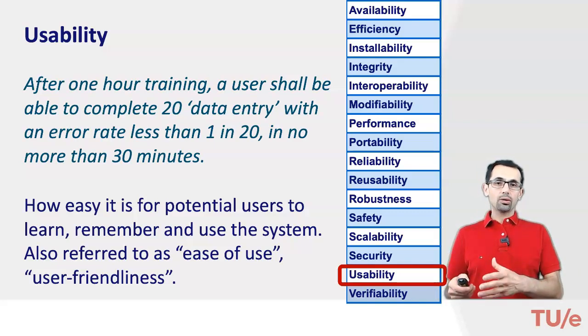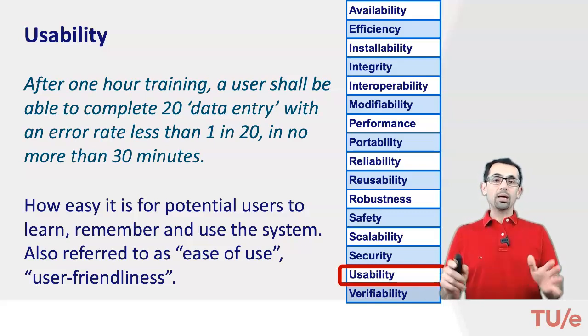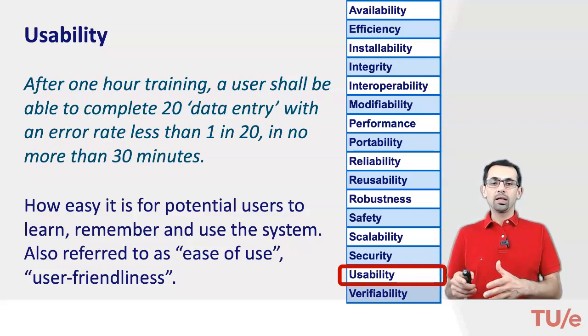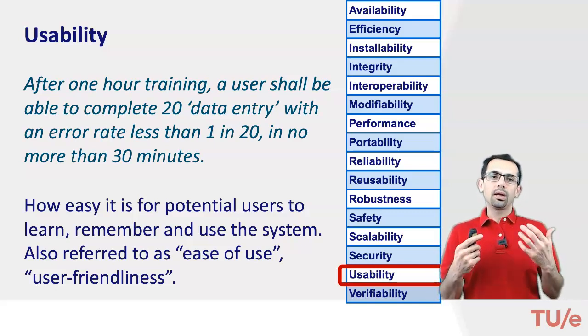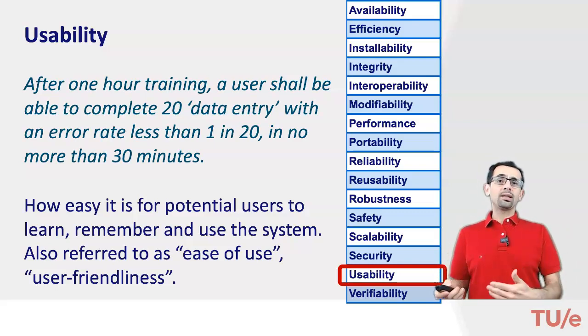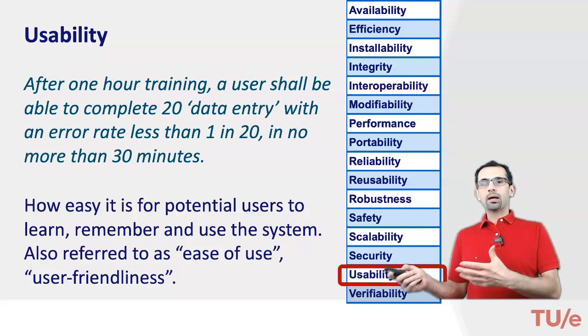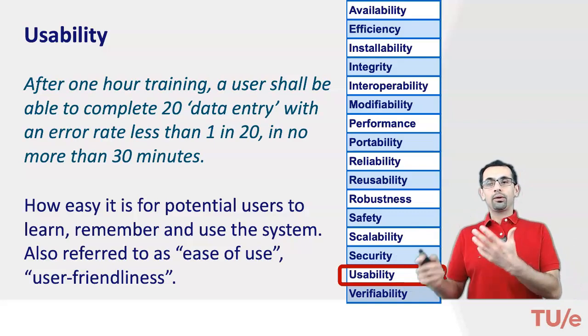This is also, as I hinted, called ease of use or user friendliness, and that's a big topic in itself. It's just an example here, but it's a huge topic: usability, coming up with user-friendly systems. You'll see more slides about usability later in the course handouts, but just remember the very first example I gave in the first video about the iPhone and Windows mobile phones.